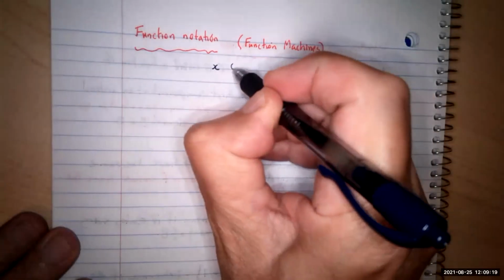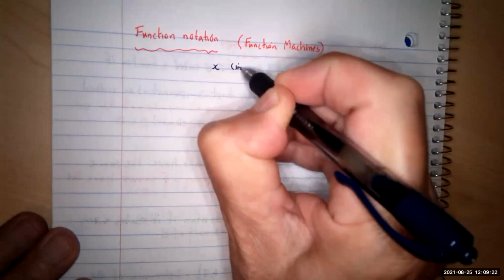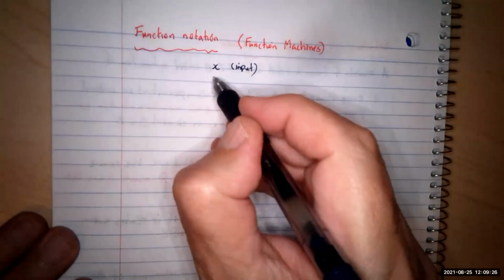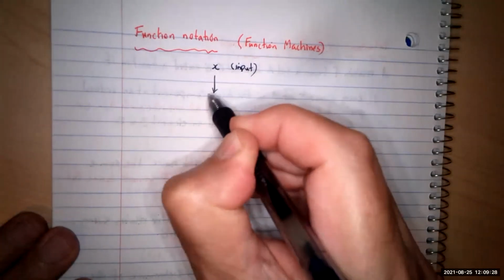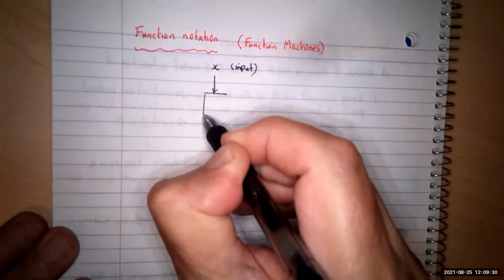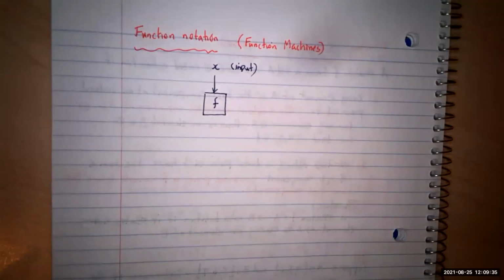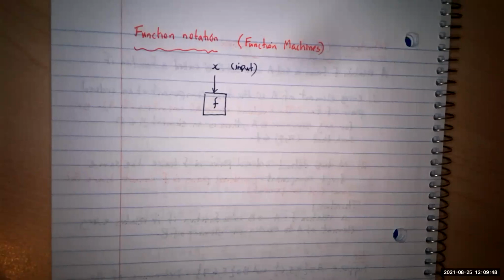So this x is going to be the input of the machine. We drop this input into the machine, the function machine. The function should match this one to the case that we are going to have.